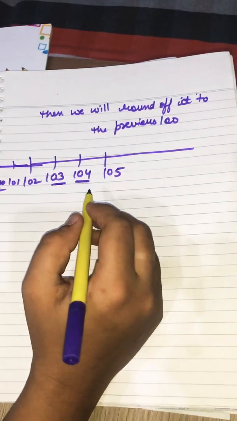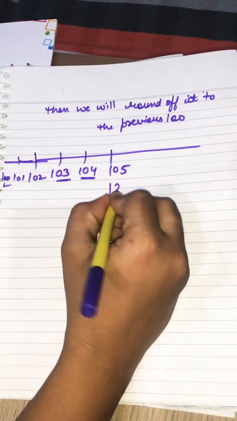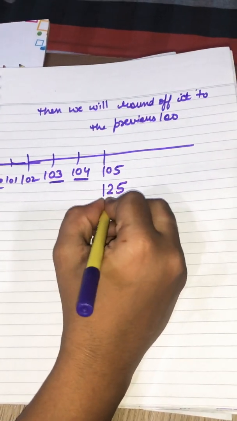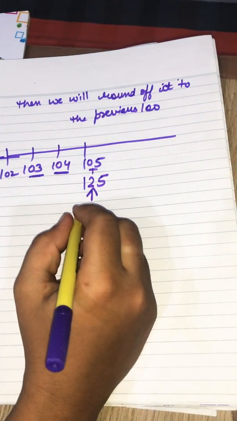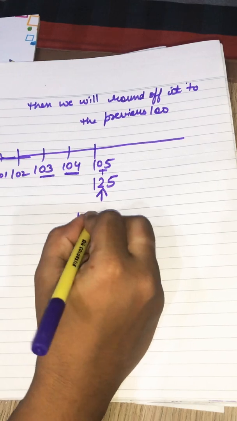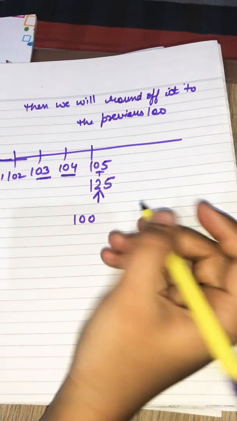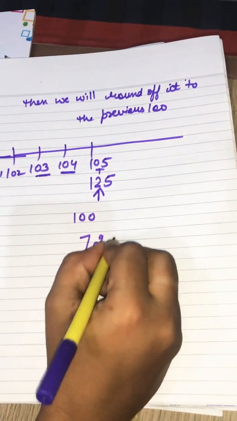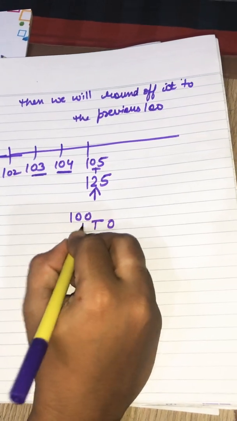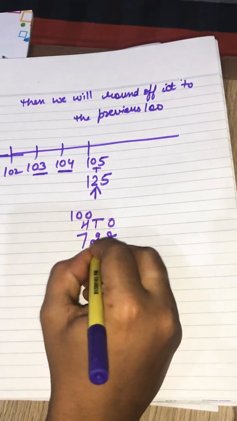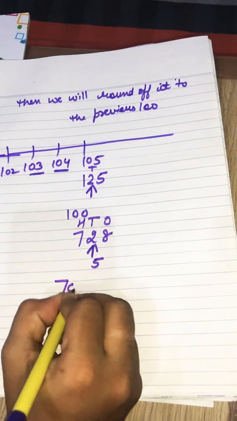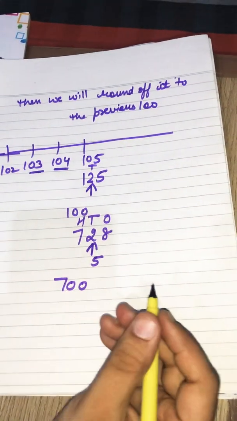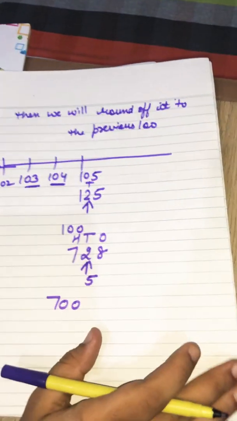So this is 0, but if we have 125, this tens number is less than 5, so we will make it 0 in the previous direction, so it will be 100. Got it? If we have the number 728, we check the position of tens, this is 2, this is less than 5, so we will make it 100 in the previous direction, so it will be 700. Like this we have to make this 100 position number.